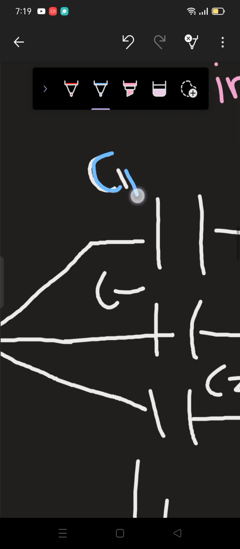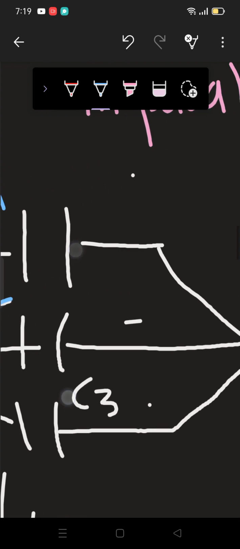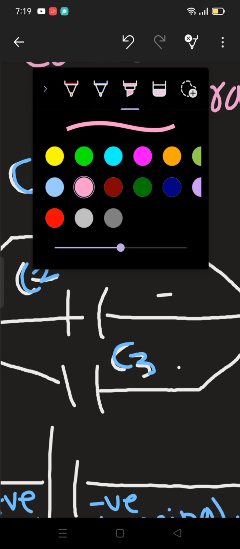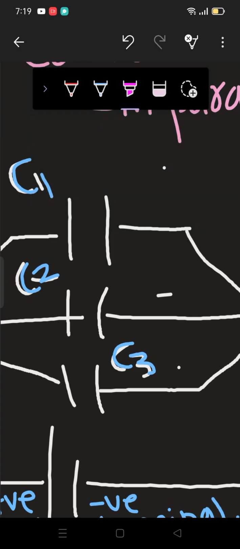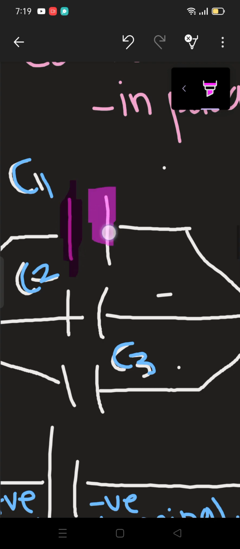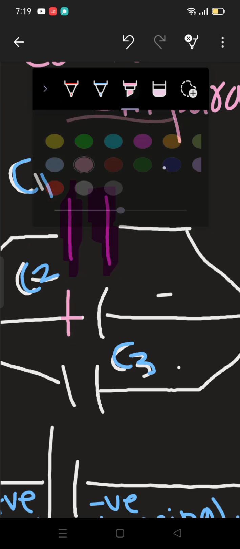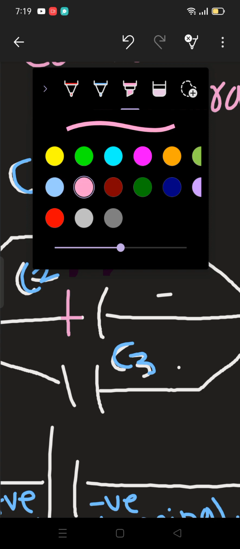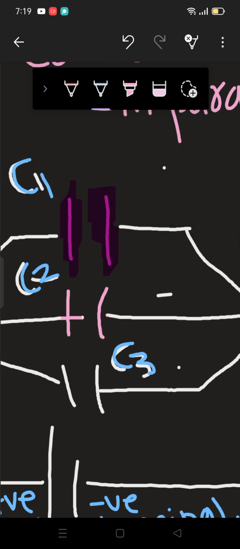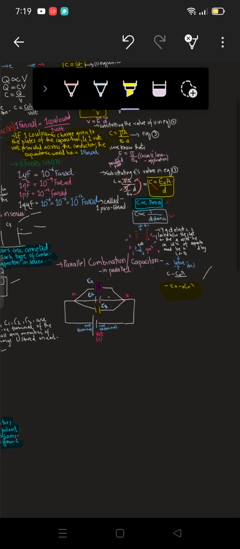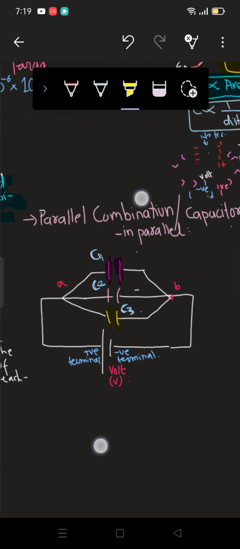And this is C1, this is C2, and this is C3, and these are the capacitors. In series they were connected in the same path. However, in parallel they aren't connected in the same path, right? Their paths are different. So C1, C2, C3 are connected in parallel, right?